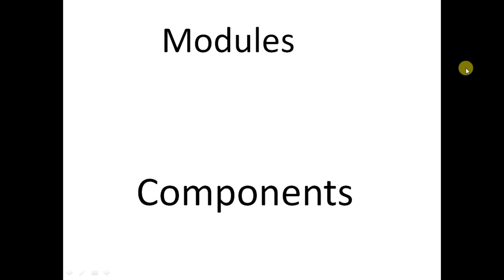All elements of a small application can be located in one module, whereas larger apps may have more than one module. All apps must have at least a root module that is bootstrapped during the app launch.